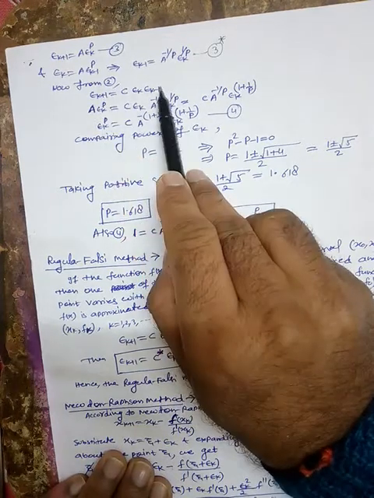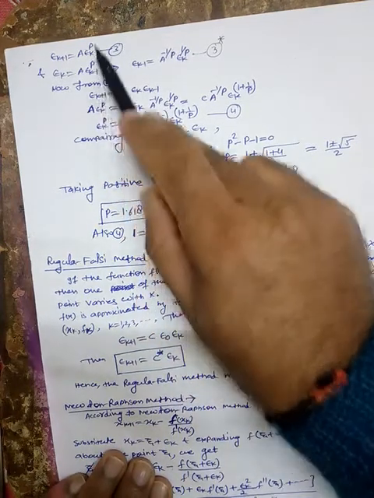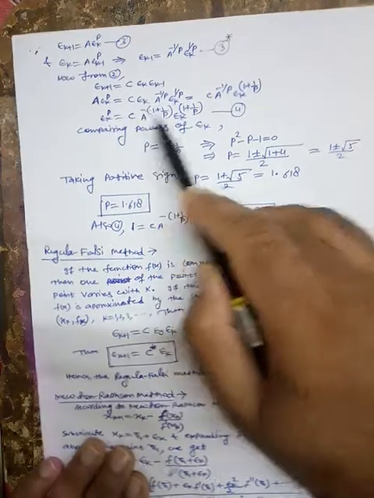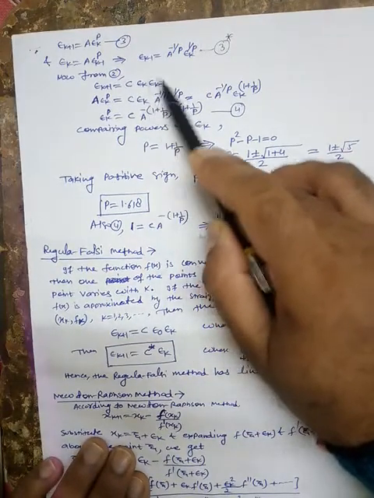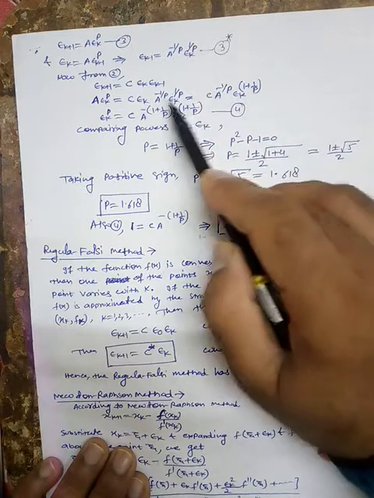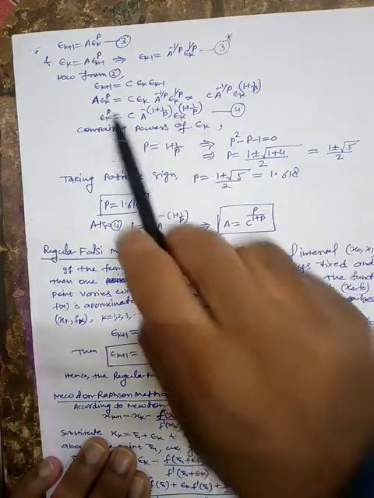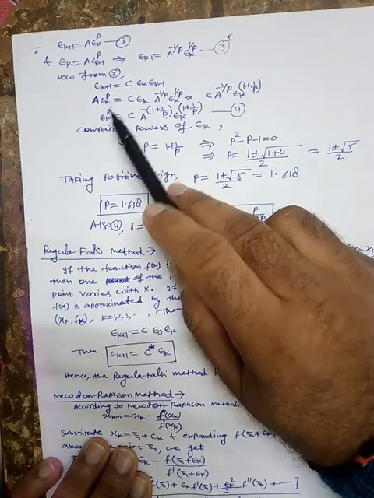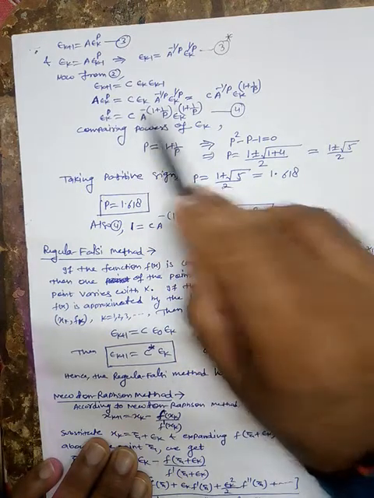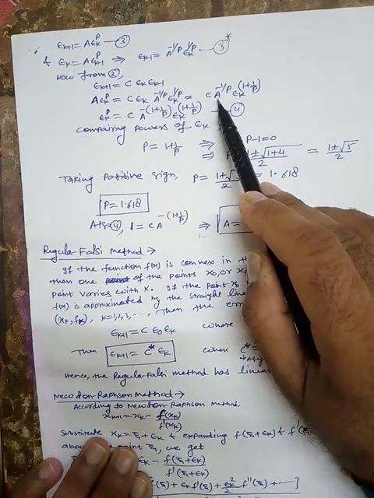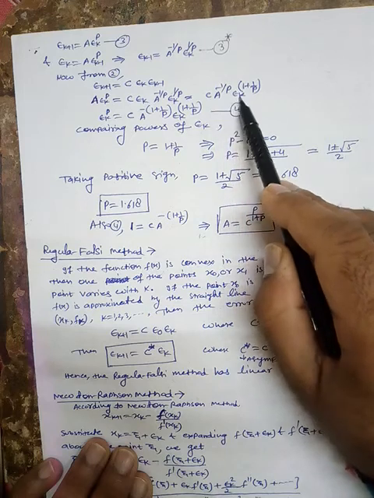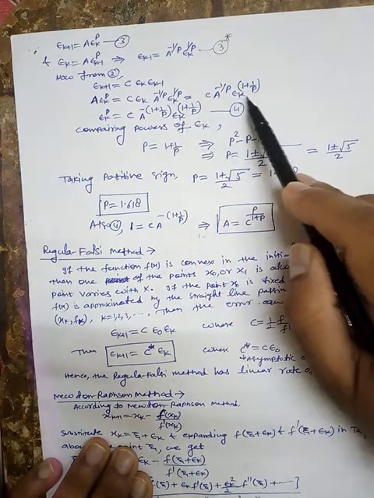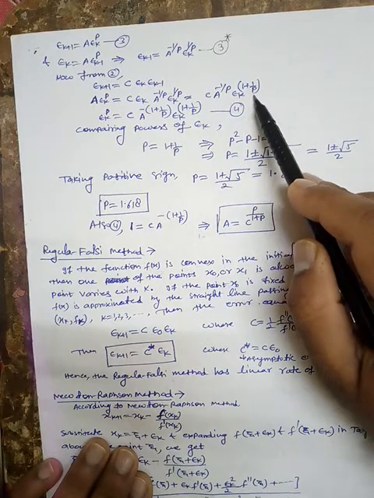In place of epsilon k plus 1 we write a epsilon k raised to the power p, and in place of epsilon k minus 1 we write this term. After assembling all these, we get c a raised to the power minus 1 by p into epsilon k, this is power 1, this is power 1 by p, so epsilon k raised to the power 1 plus 1 by p.